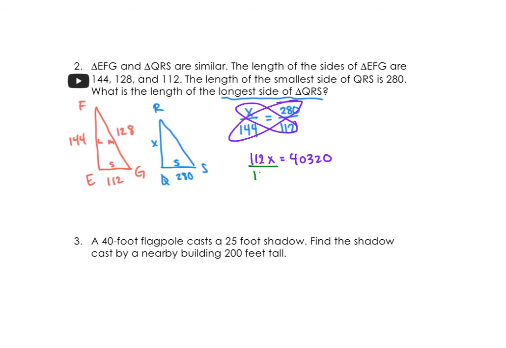And then we're going to divide by 112. So we get 360. So the longest side of triangle QRS is 360. We don't need units here because there are no units.